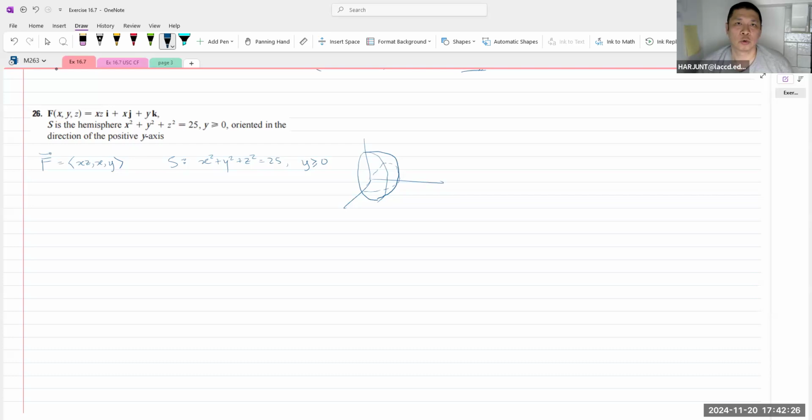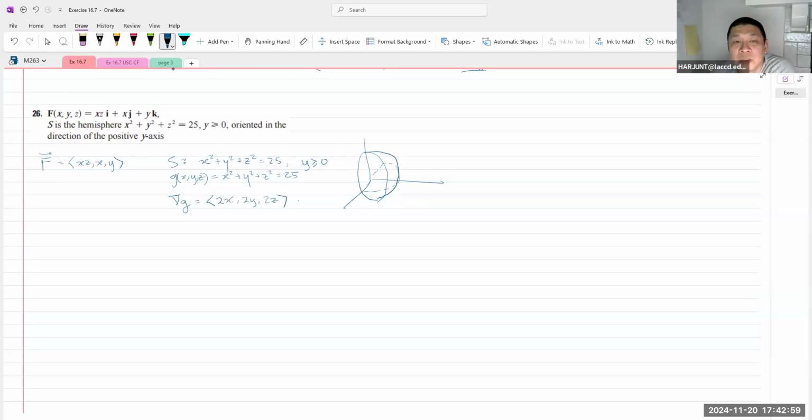Okay, so how do we want to do this? Let's do the gradient. Let's call this g of x, y, z here. Okay, that's a level surface, right? When we do the gradient, we will get the vector normal to the surface.